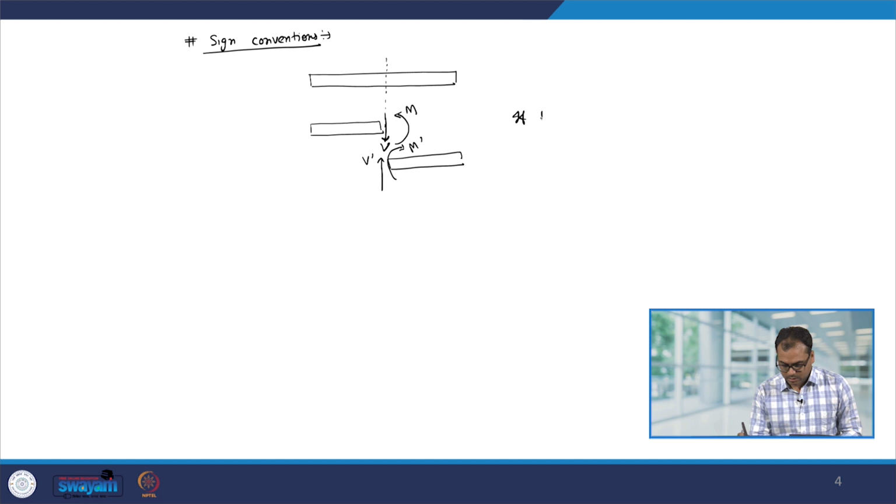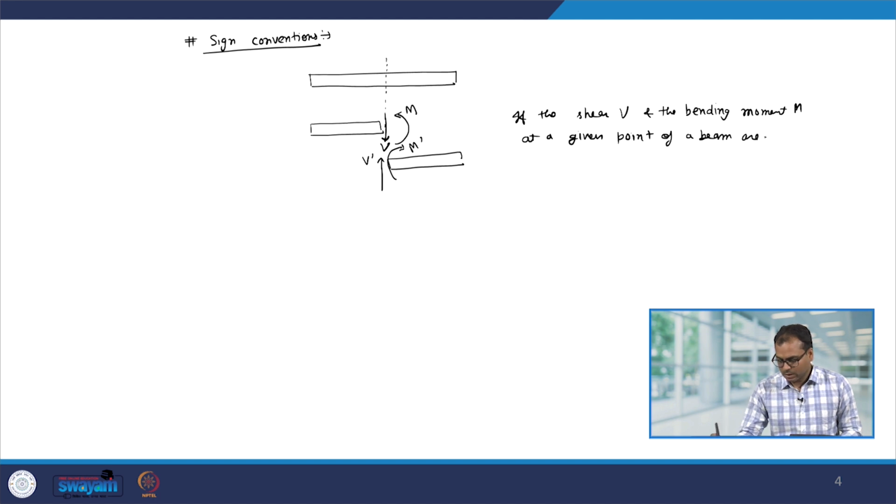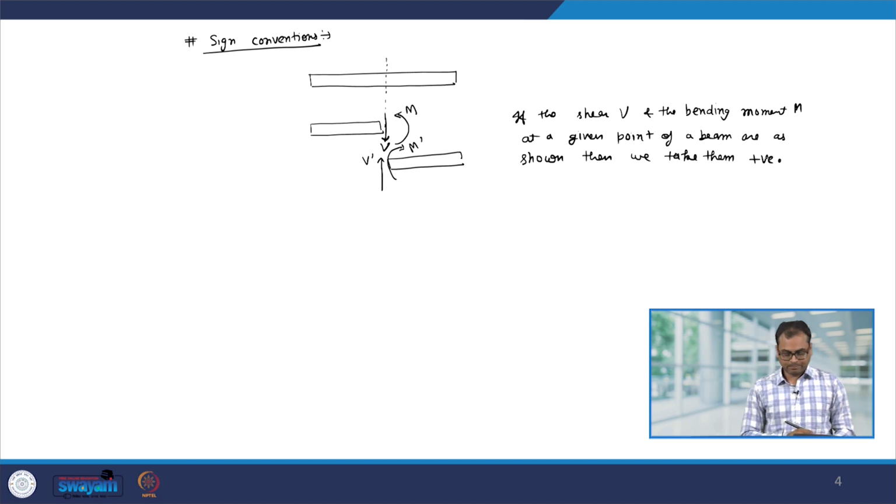So, if the shear force V and the bending moment M at a given point of a beam are as shown, then we take them positive.